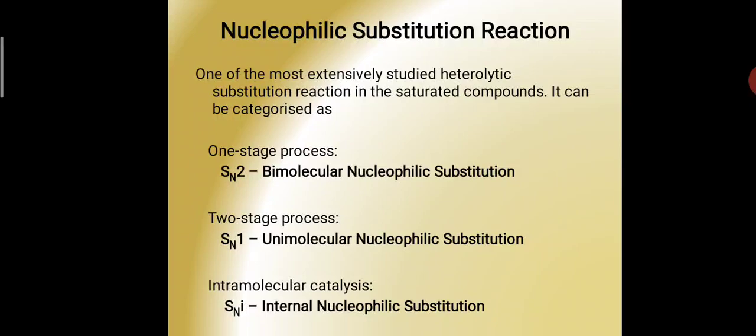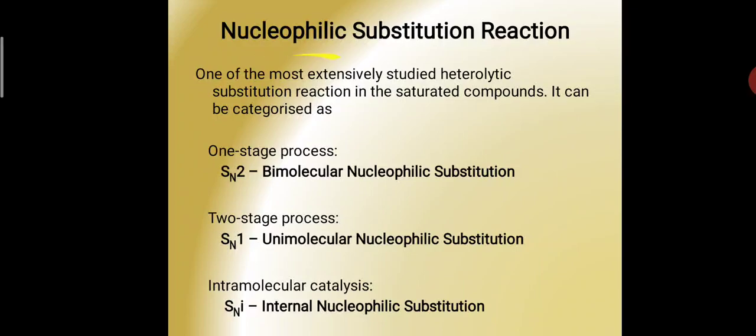To start with, we should know what a nucleophile means. A nucleophile is any electron-rich species, or I can say it is a negatively charged or neutral charged species which can share a pair of electrons or which can donate a pair of electrons to an electropositive center.